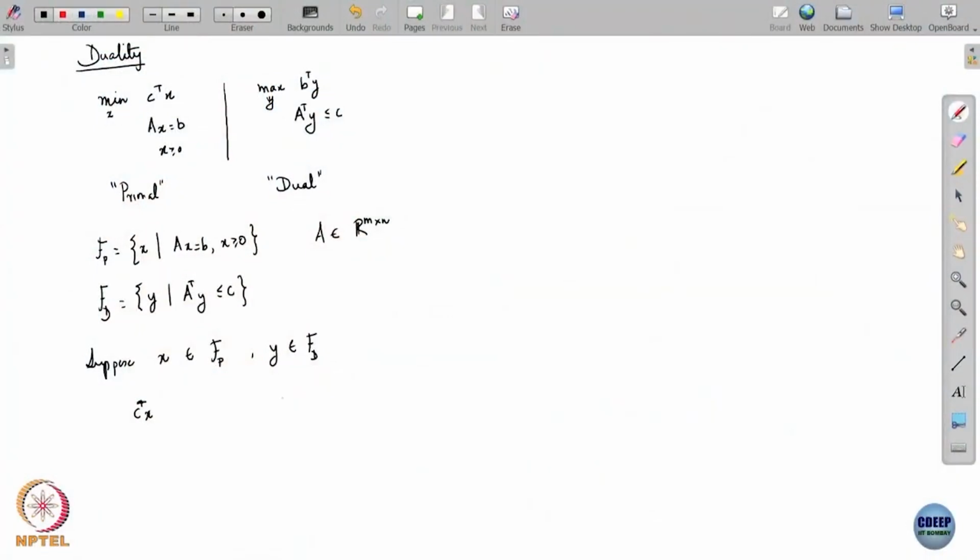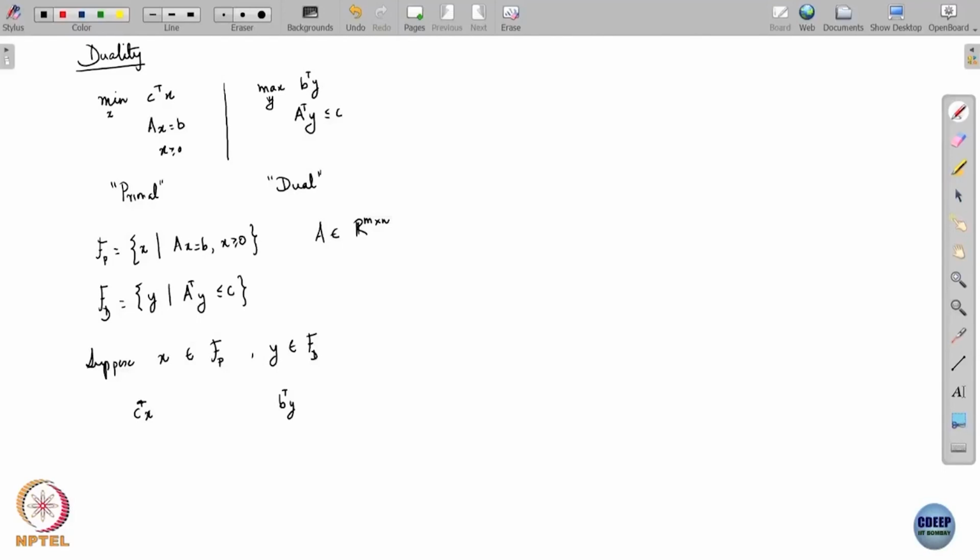On the other hand, let us look at the value b transpose y. b transpose y is a value attained by a feasible solution y of the LP on the right. So, y just satisfies A transpose y less than or equal to c.